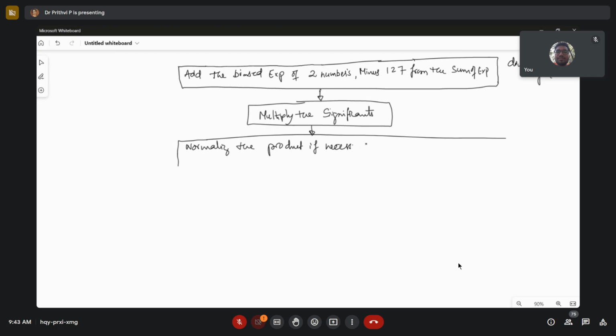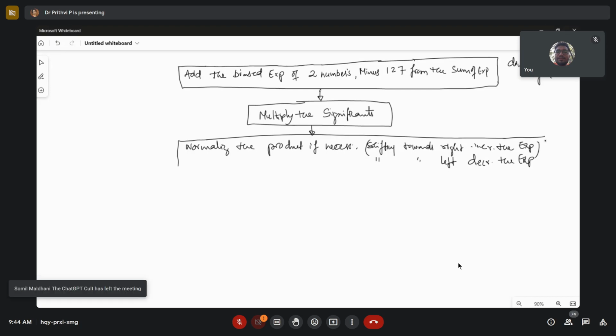Okay, something like shifting towards right means increment the exponent is an example, or shifting towards left means decrement the exponent. This is the next step.